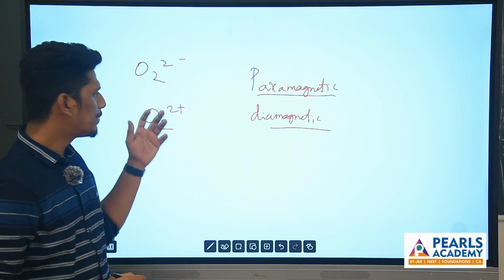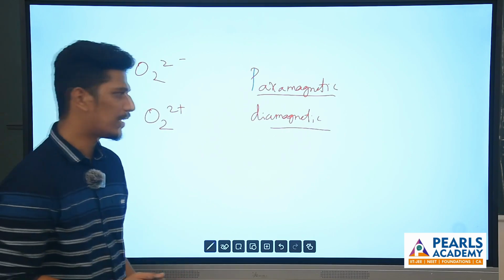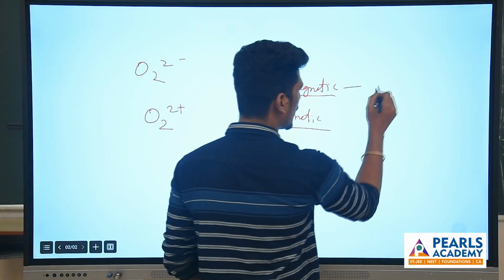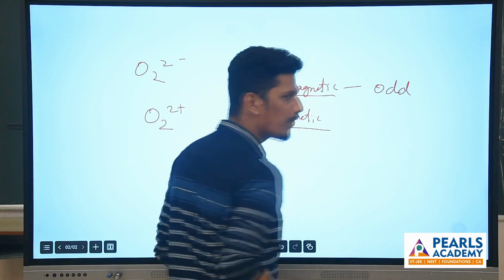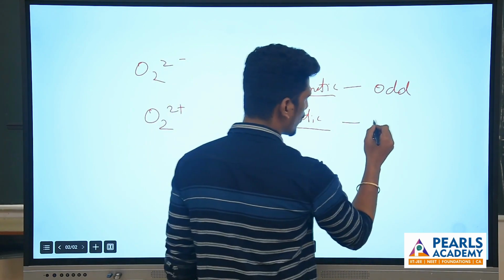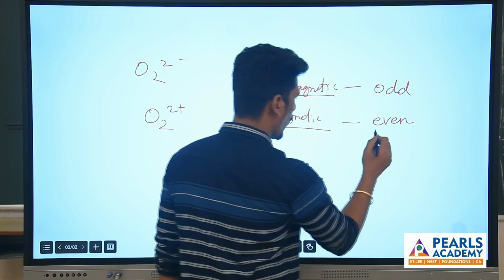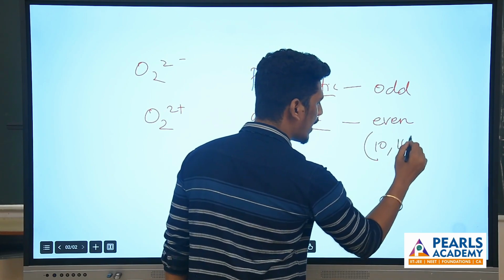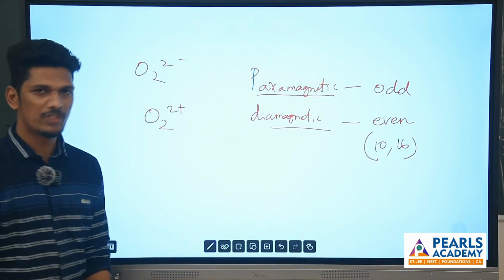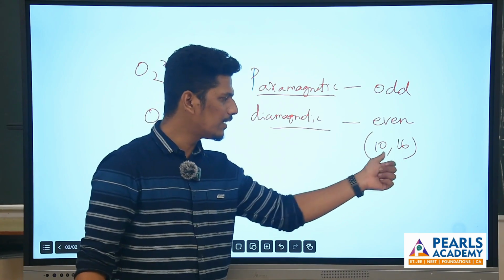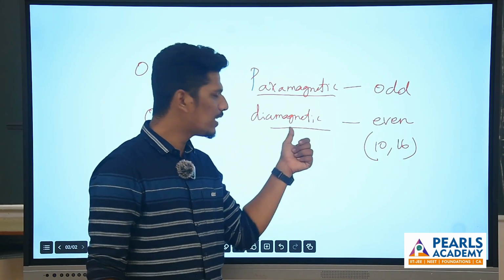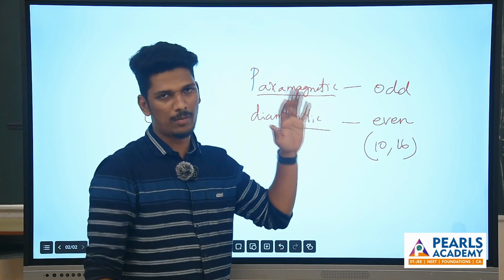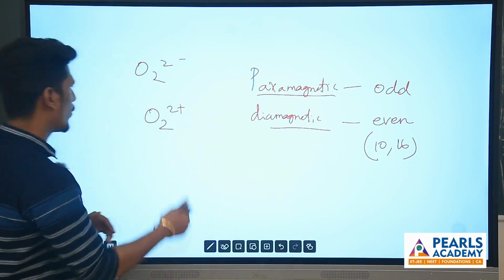So how can we find the species as paramagnetic or diamagnetic? It is very simple. Paramagnetic means it should contain an odd number of electrons. Diamagnetic means it should contain an even number of electrons. Only 10 and 16 are the exceptions in diamagnetism, which means if you get 10 or 16, you should not choose diamagnetic, it will be paramagnetic. Clear? So we'll see one by one.